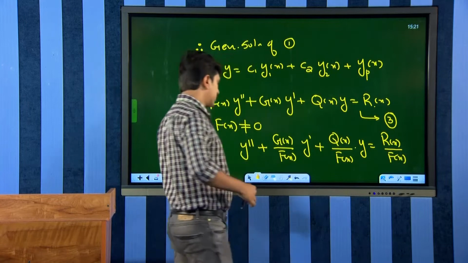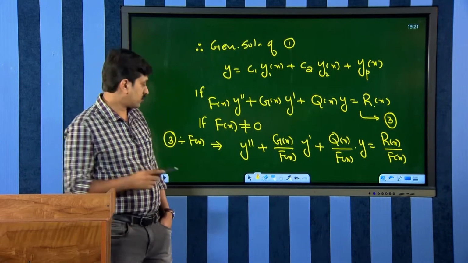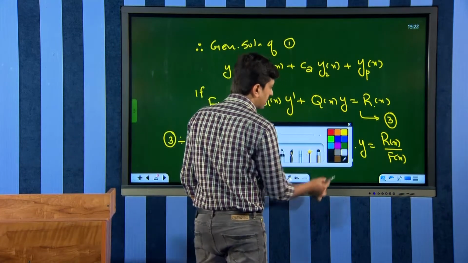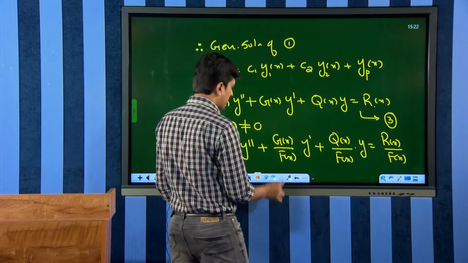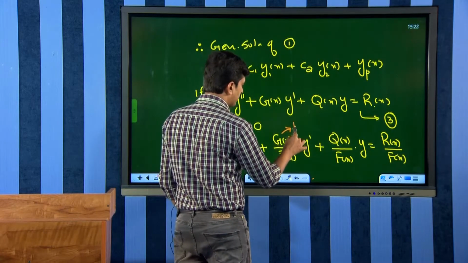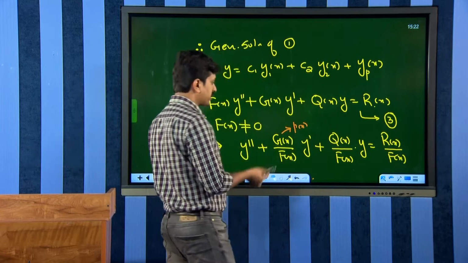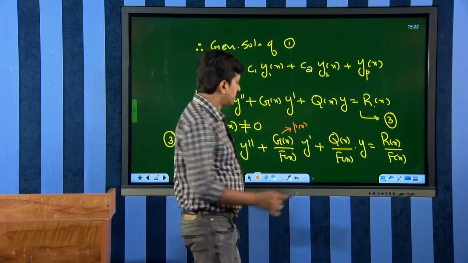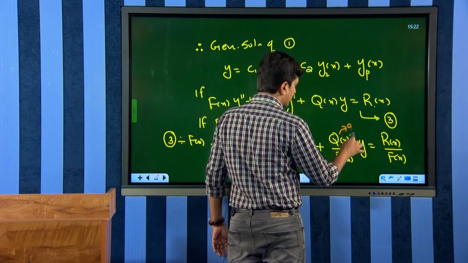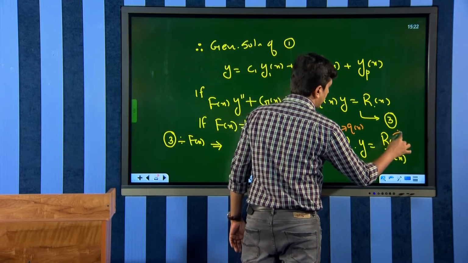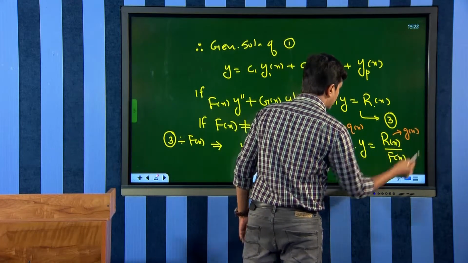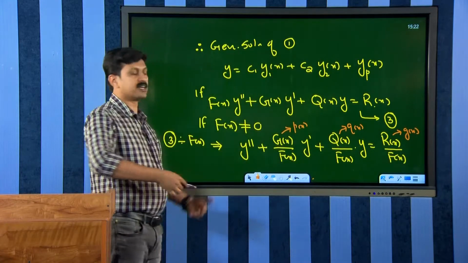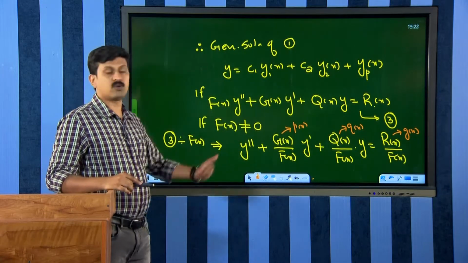Now we convert it into standard form. Here we can consider this as p of x, a function in x, and this as q of x and this as g of x.